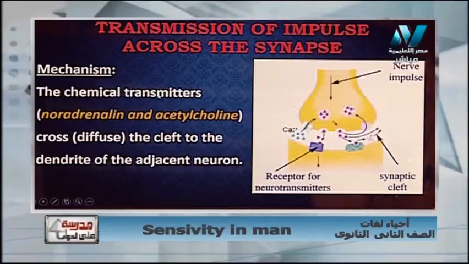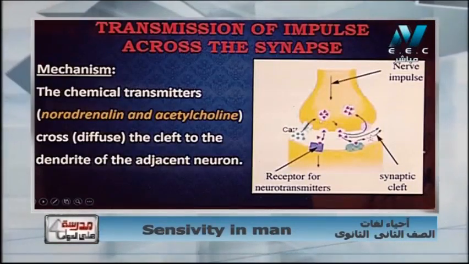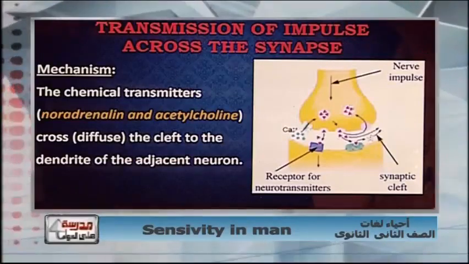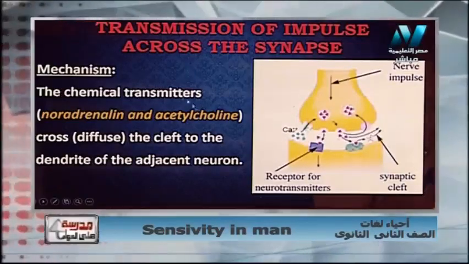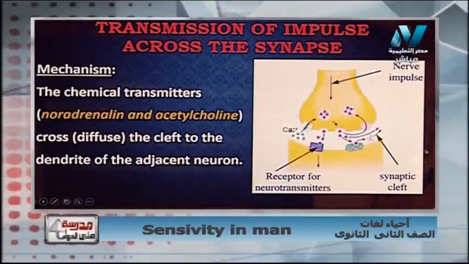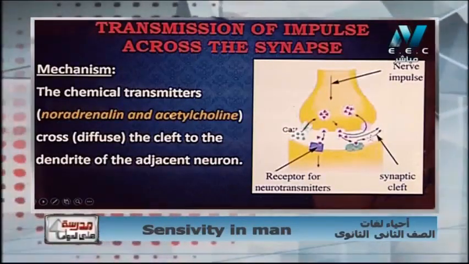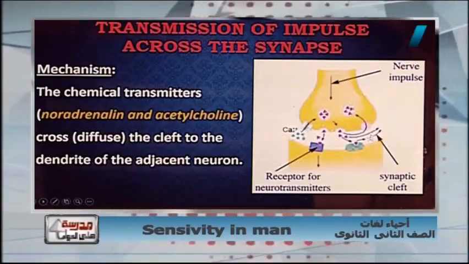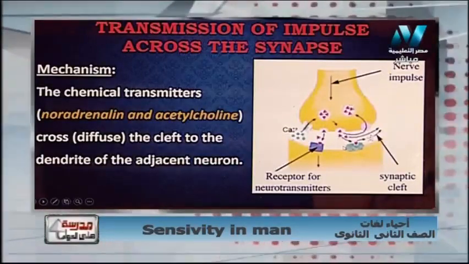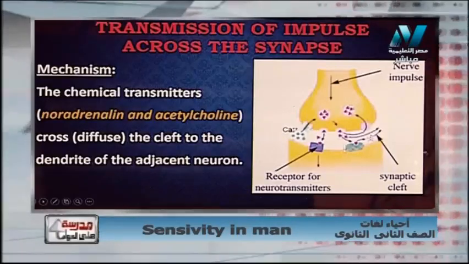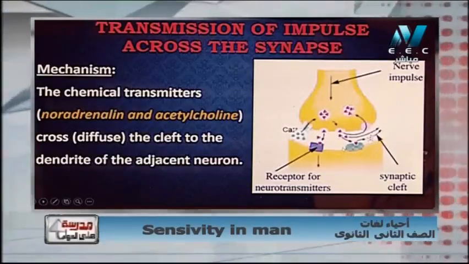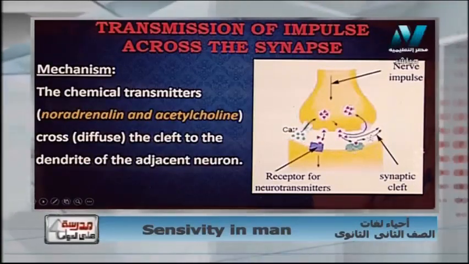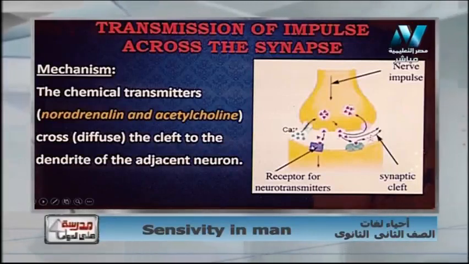Now the chemicals or the transmitters are noradrenaline and acetylcholine. These neurotransmitters diffuse across the synaptic cleft until they reach the dendrites. At the dendrite's membrane, there are receptors.